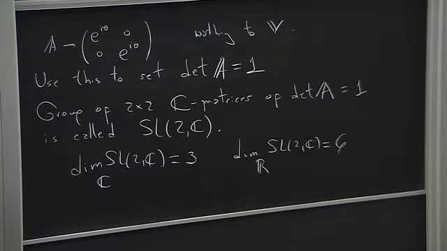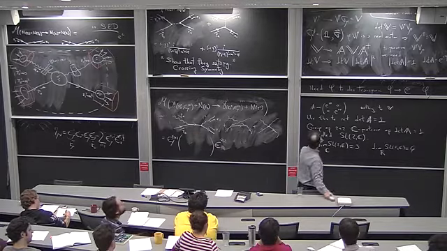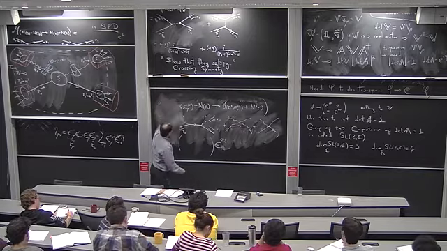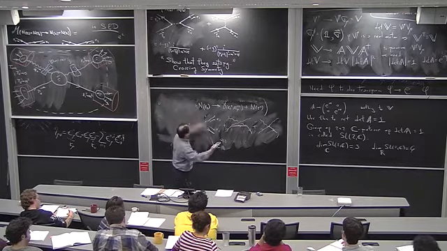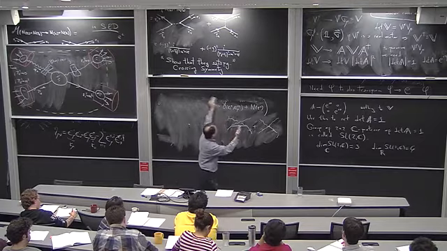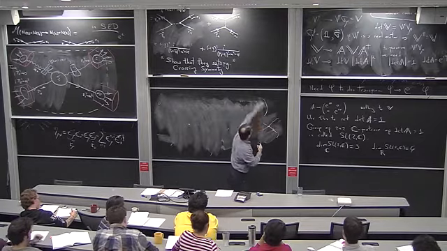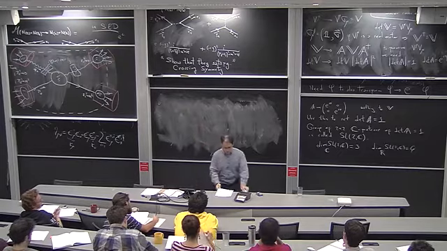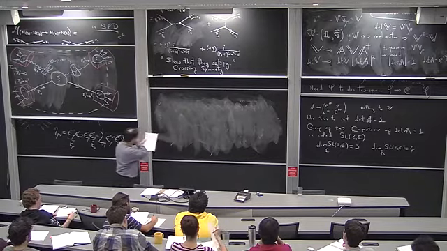Okay? Now, what I want you to review is the little calculation you did, which constructed the homomorphism between the two. So what I want you to do is to remember the following.